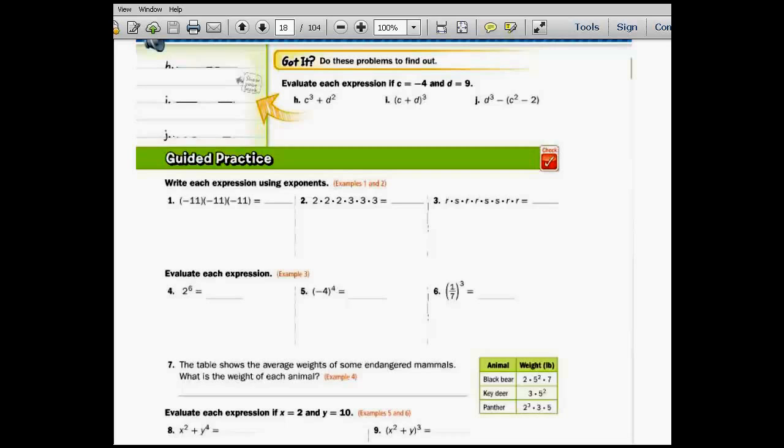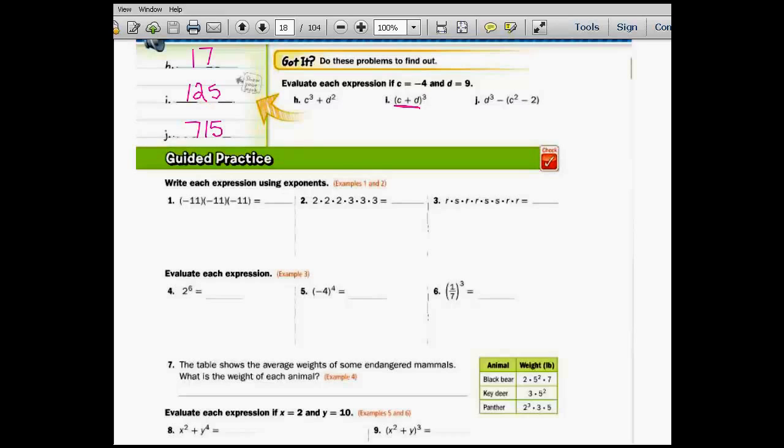So for H, it is 17. I, 125. Remember on I, you have to do what's inside of here first and then take that number and cube it. That number times itself 3 times. J, 715.